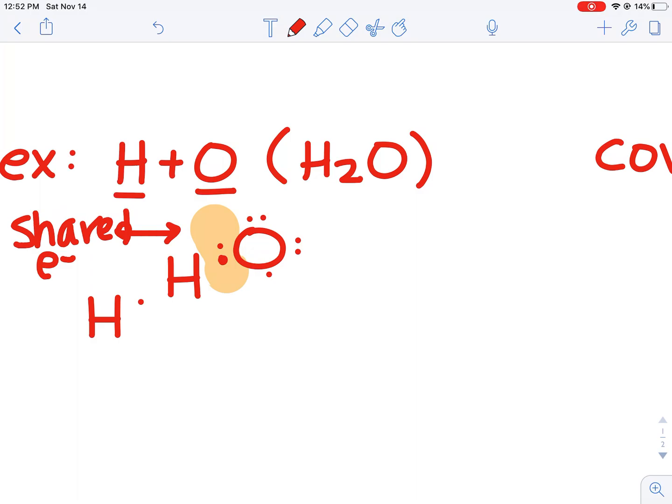And because they're shared, the hydrogen and oxygen atom both have access to it. So the hydrogen is now stable, it has a full shell, and the oxygen atom is almost stable. It still has 1 more electron that's alone.